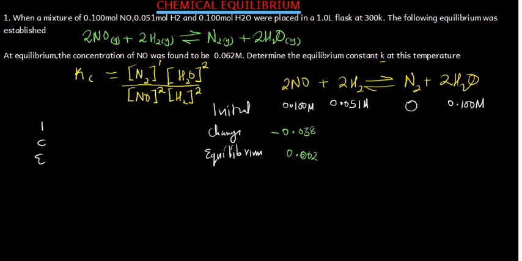Now why is it negative? It's negative because the reactants, as the reaction is happening, always reduce. Remember when we are talking about chemical kinetics, the rate at which these two are going to be disappearing is the same. Why?